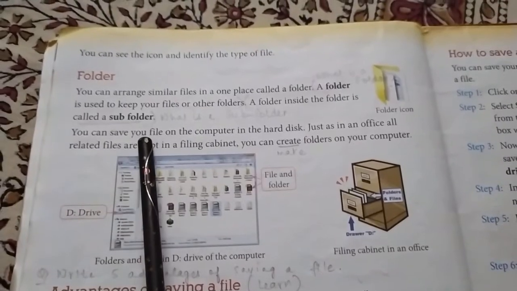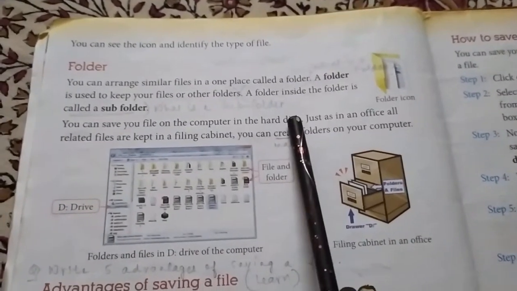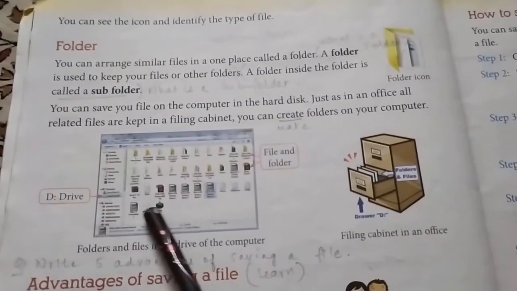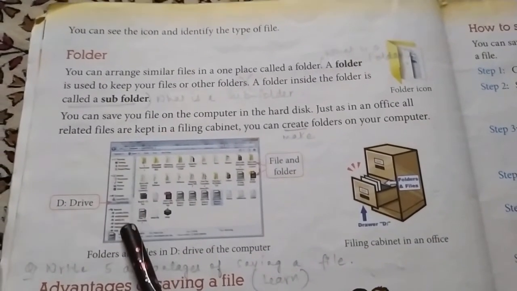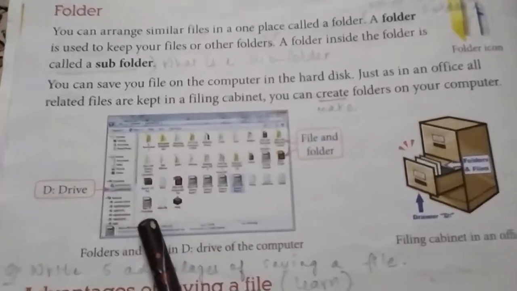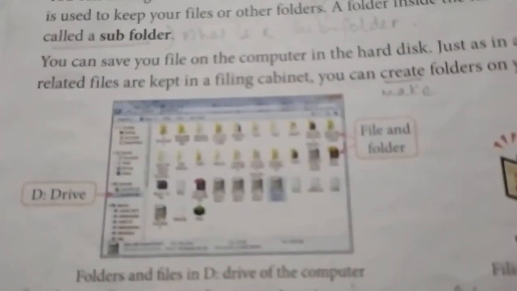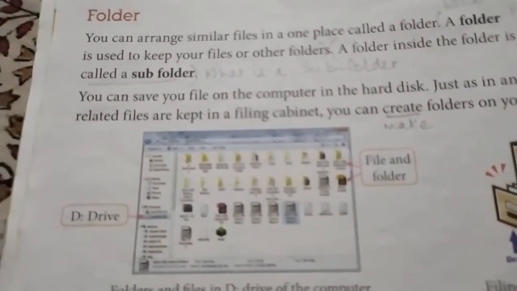You can save your file on the computer in the hard disk. This is the hard disk, or rather the computer locations are shown over here. The different locations are shown over here.